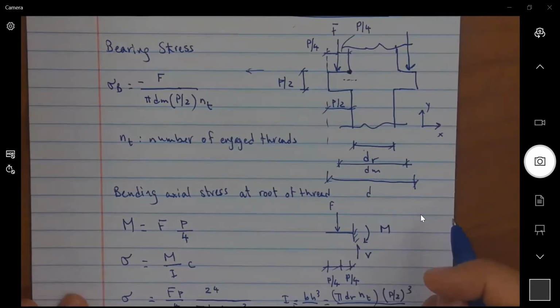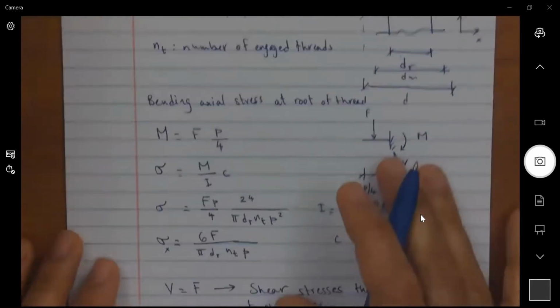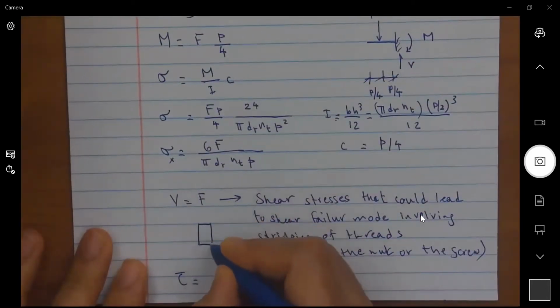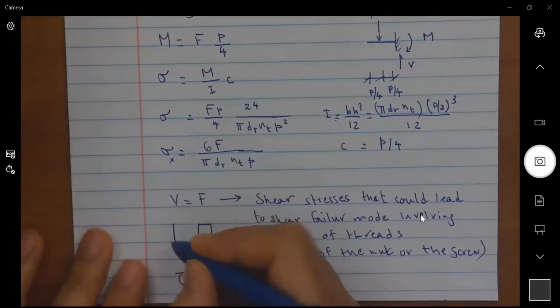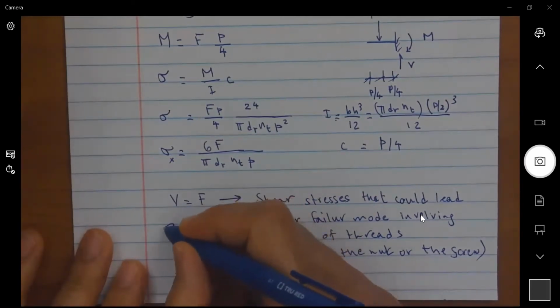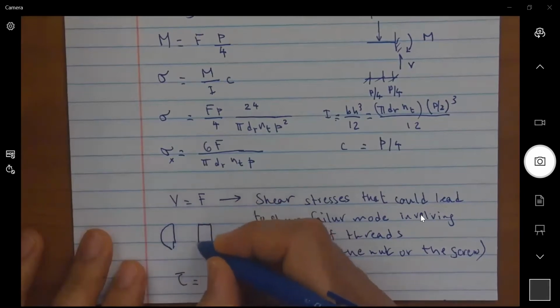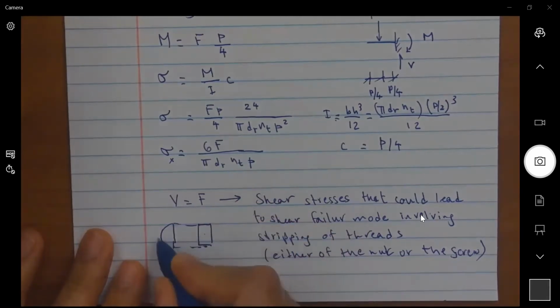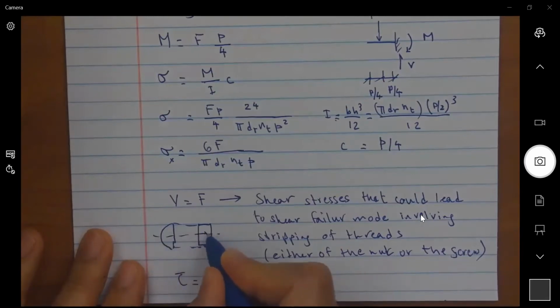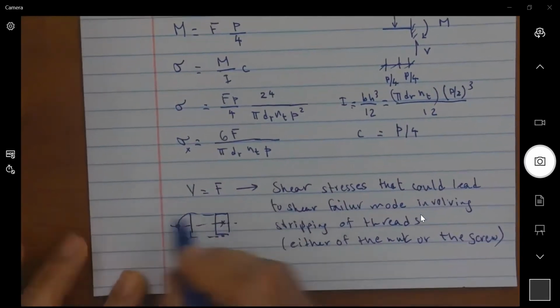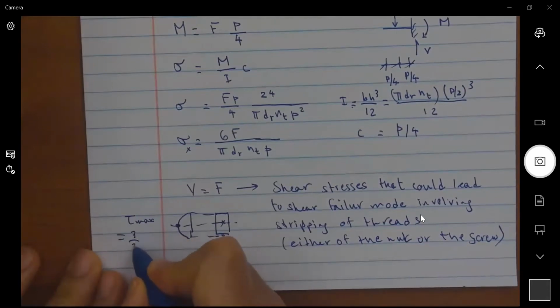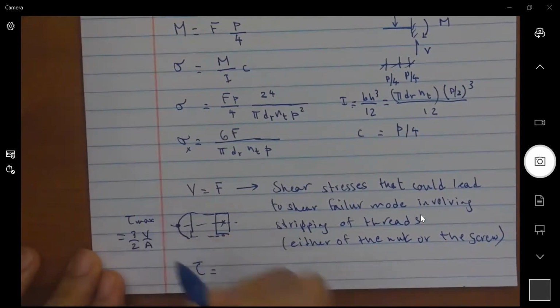What is the maximum shear stress? If we have a rectangular section, the shear stress distribution is going to be parabolic like this, where I have a 0 at the bottom and a 0 at the top. And at the neutral axis of the section, I get this tau max that is equal to 3/2 V over A.